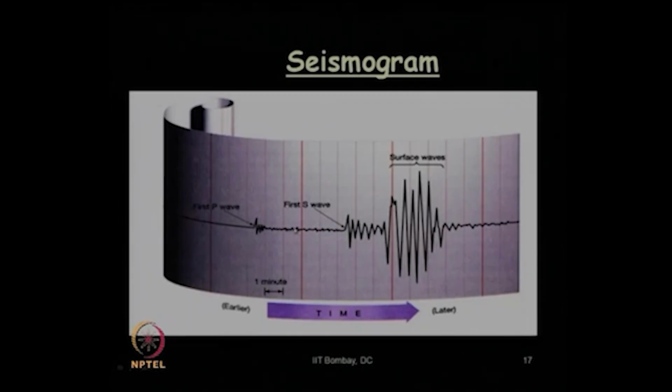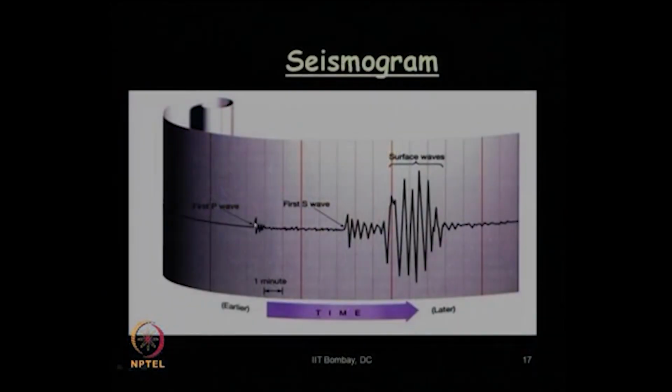We can automatically see that during an earthquake different types of waves are generated with different speeds, that is, different waves have different speeds of travel.